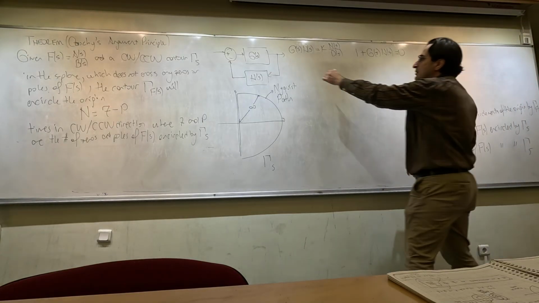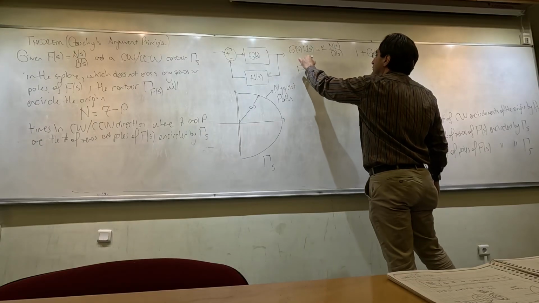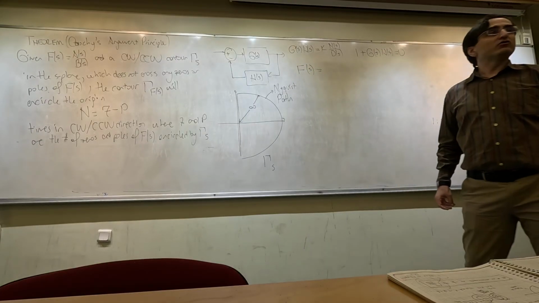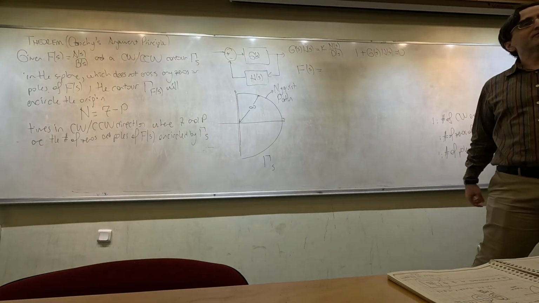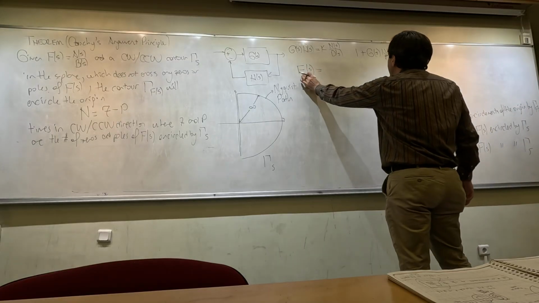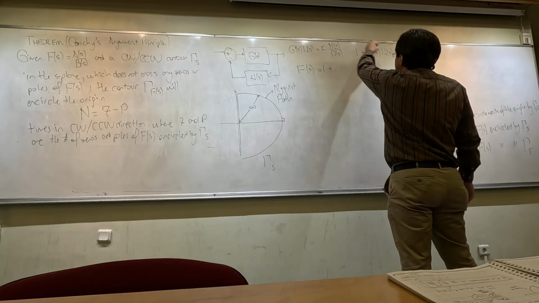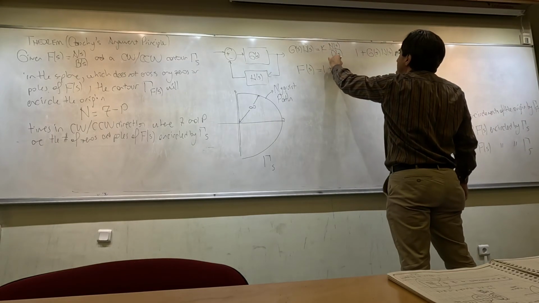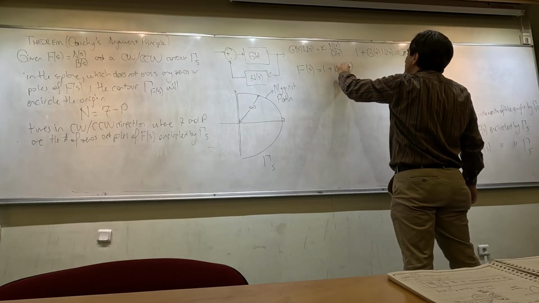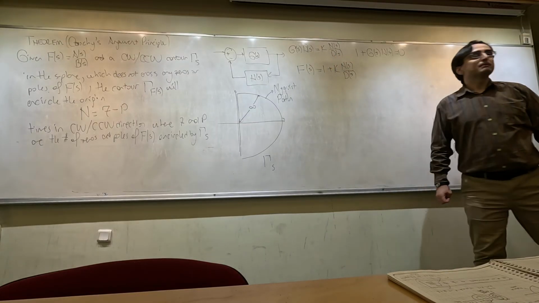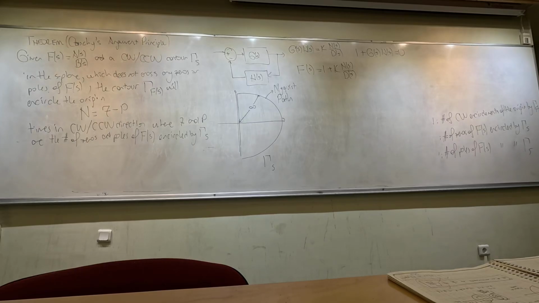And this is what I'm going to equate initially to f of s. This is going to be my initial transformation. Later we will modify it a little bit. But my f of s is going to be 1 plus G of S, H of S, which is 1 plus K N of S over D of S. This is going to be my initial transformation.